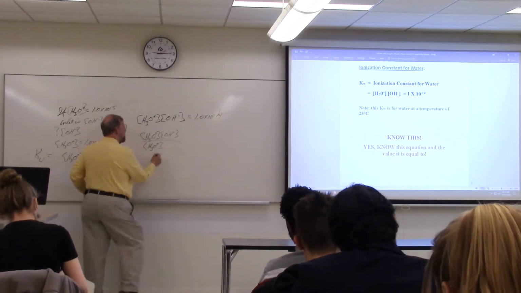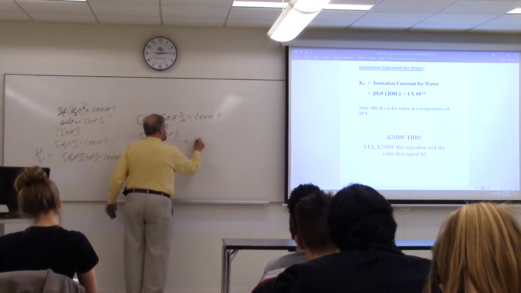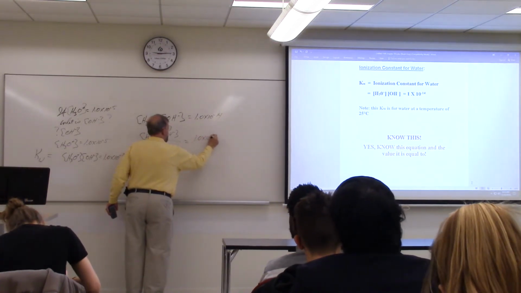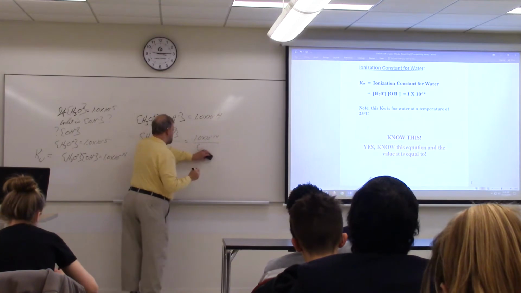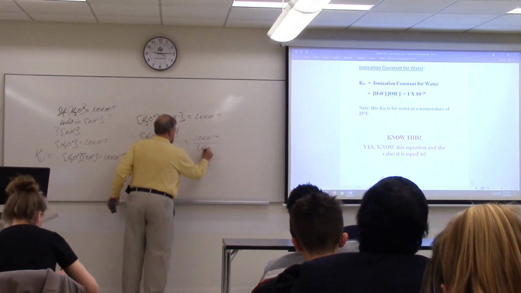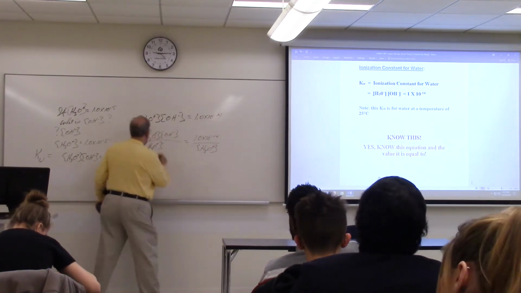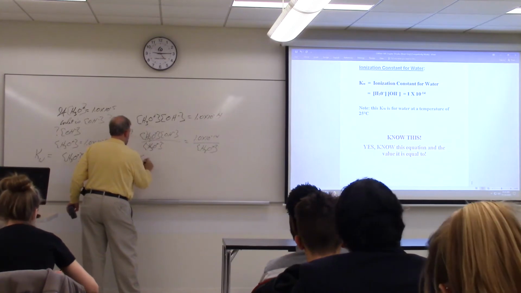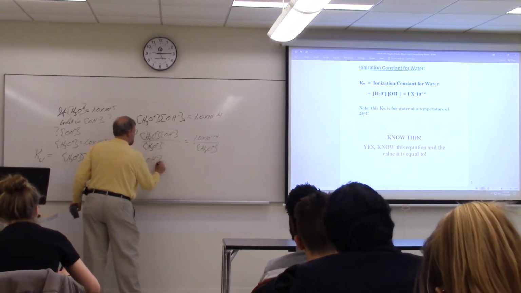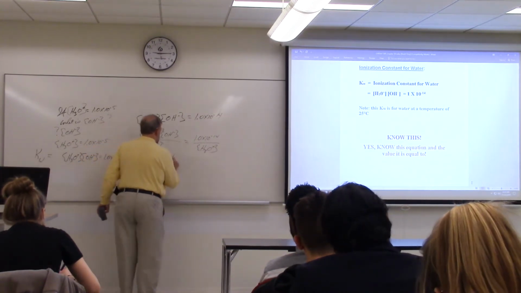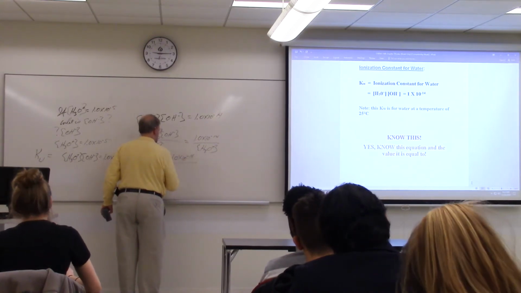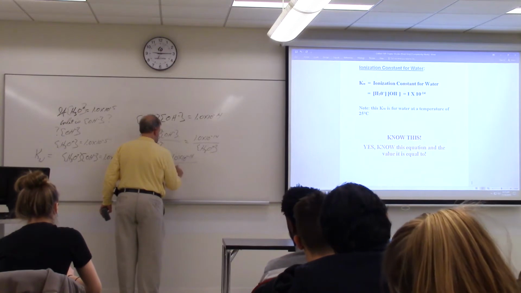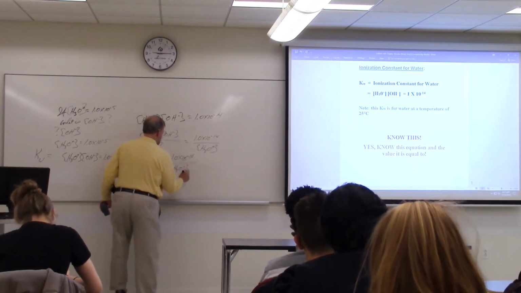And whatever I do to one side, I have to do to the other. And this cancels out. This leaves me with hydroxide equals 1.0 times 10 to the minus 14 divided by hydronium ion concentration.